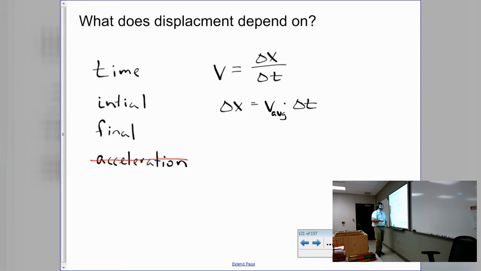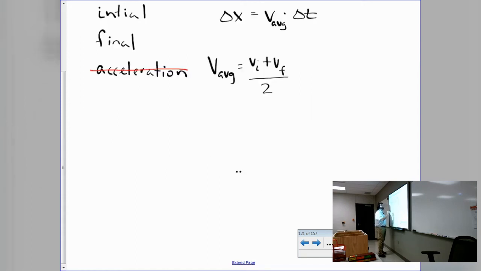So what is an average velocity? It would be a combination of its velocity initial and velocity final, and we would just divide that by 2. So if we rewrite the equation for displacement, replacing in the average velocity, this brings us to our second kinematic equation.